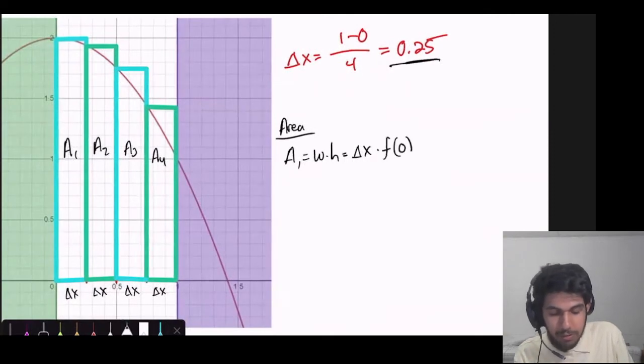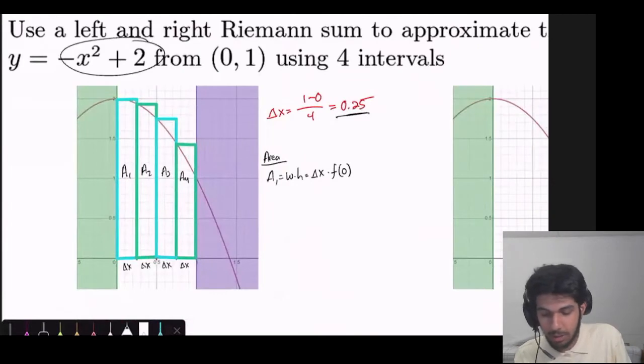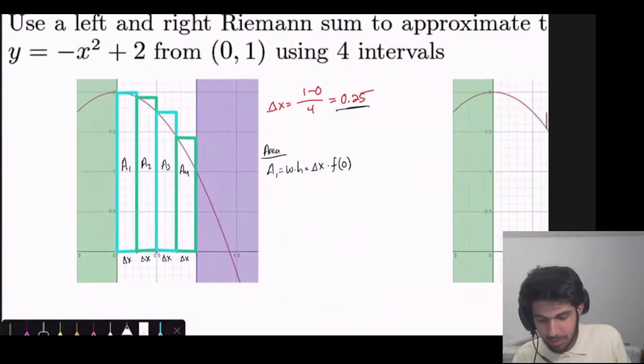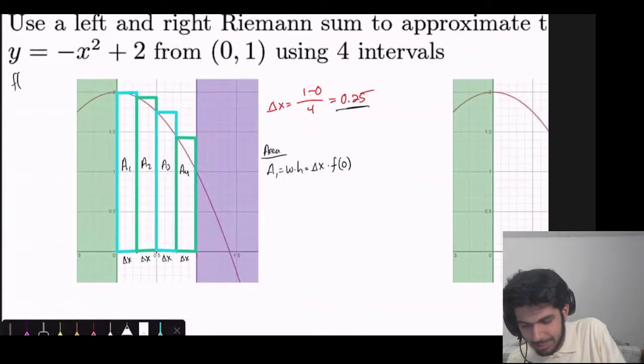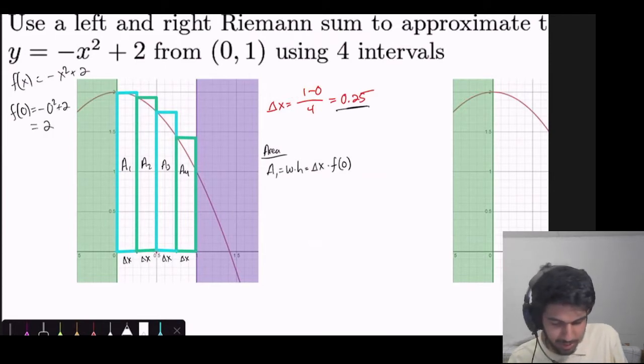We based it off of the left-hand corner. So we have a function of x, so let's figure out what f of 0 is. I guess I'll call this f of x equals negative x squared plus 2. So f of 0 is equal to negative 0 squared plus 2, which is equal to 2. So this is going to equal 0.25 times 2, which is equal to 0.5.